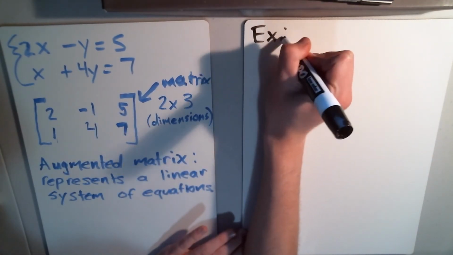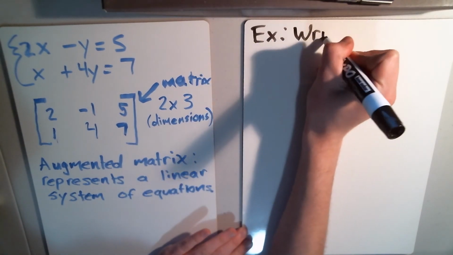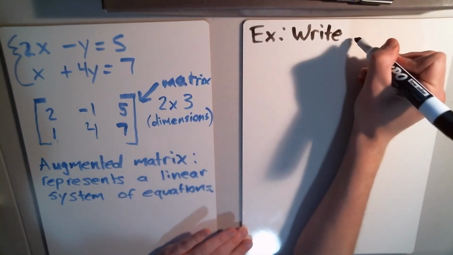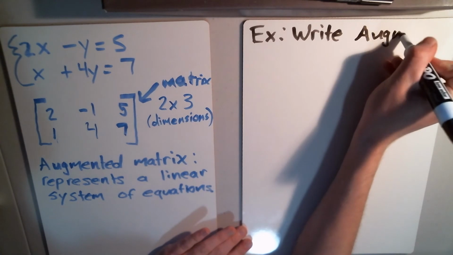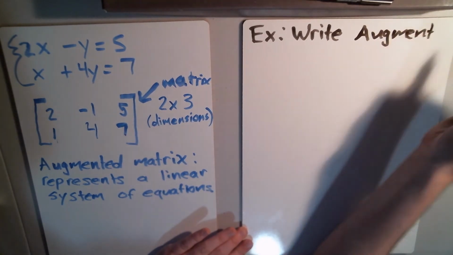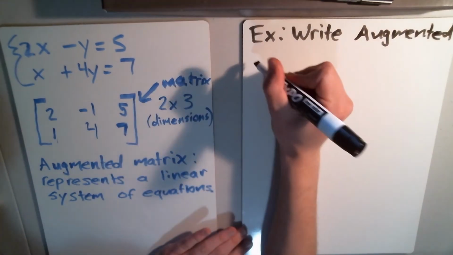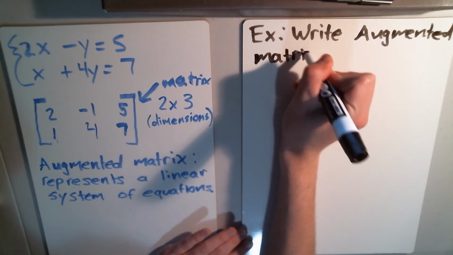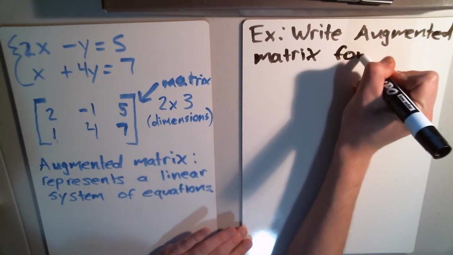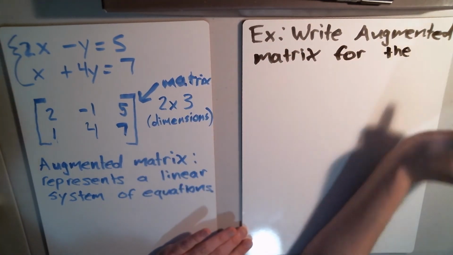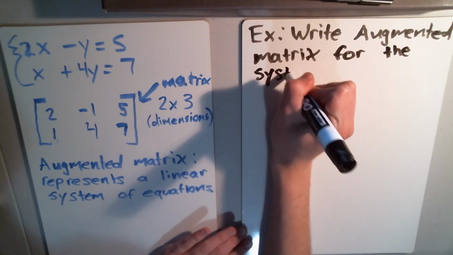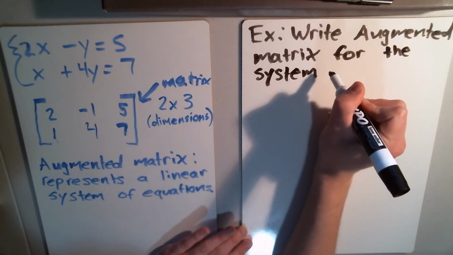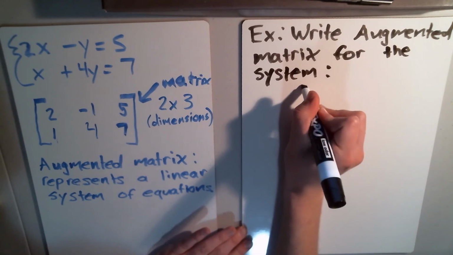Example: write the augmented matrix for the system. Okay, I've got a system of equations here.